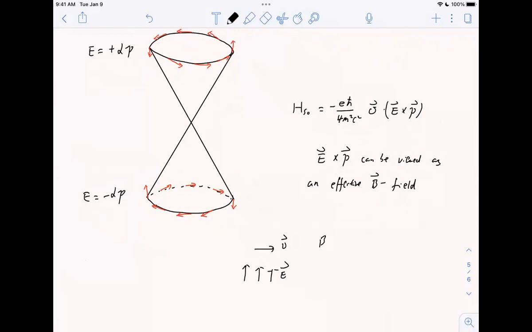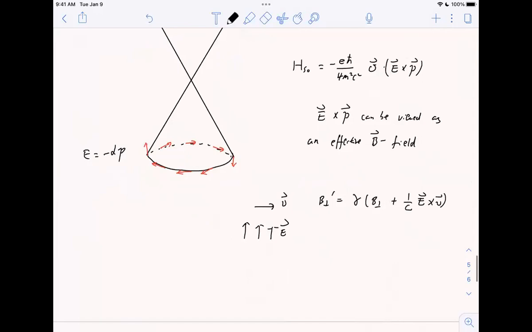We talked about this in the last lecture. E cross V. So this is the effective B field when the particle is traveling.